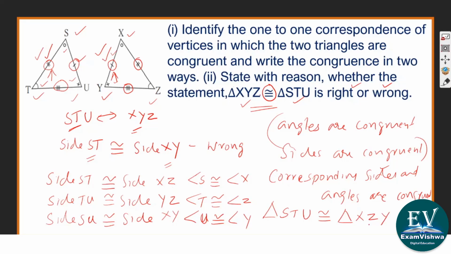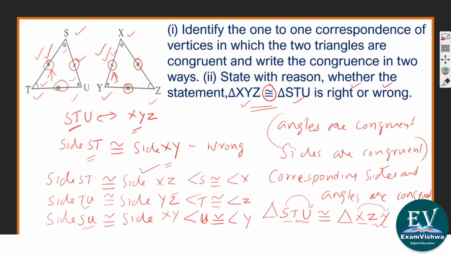In that, what happens: side ST is congruent to XZ, it matches. These 2 I am taking, then these 2, and the next one is TU here. TU I am taking, these 2 are congruent to ZY, that is YZ only, and side SU, these 2 we are taking, then it will be congruent to XY.